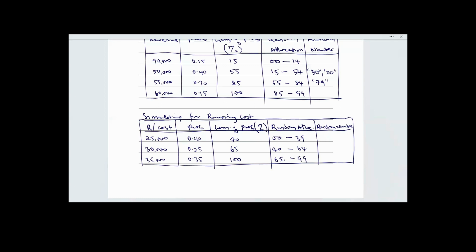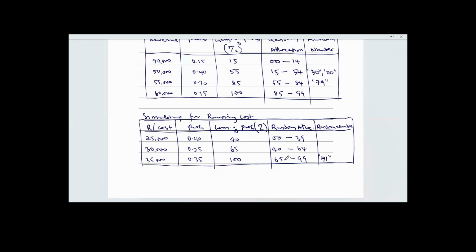Then I will go back to the set numbers given to me for random numbers for running costs. So 71 is the first one. The random number is 71. I will look at my random allocation. Where can I find 71? 71 will fall in this place.